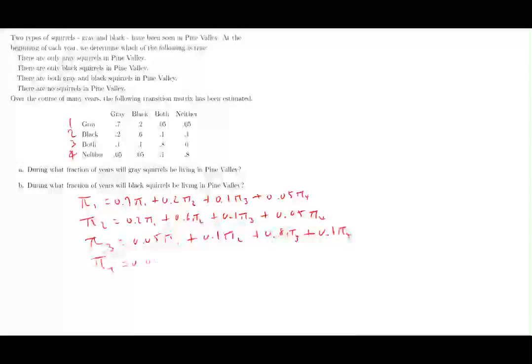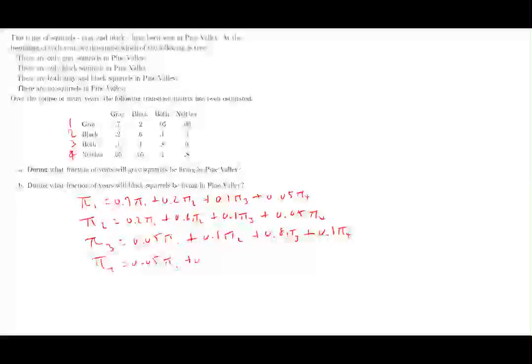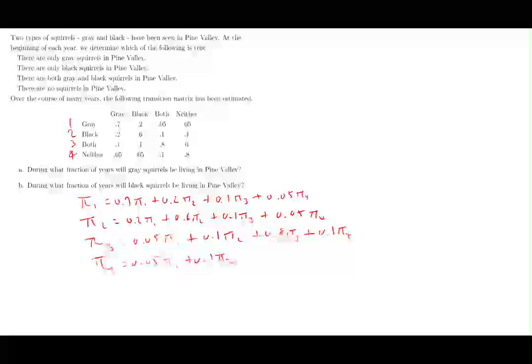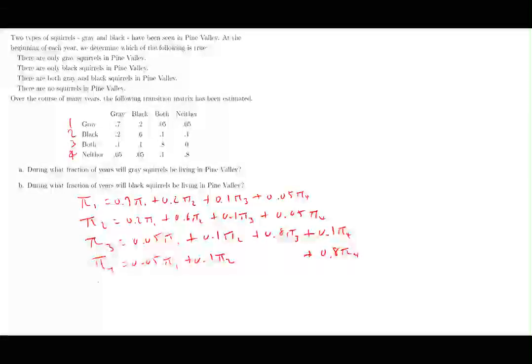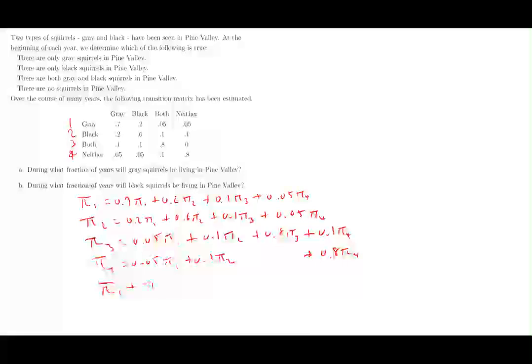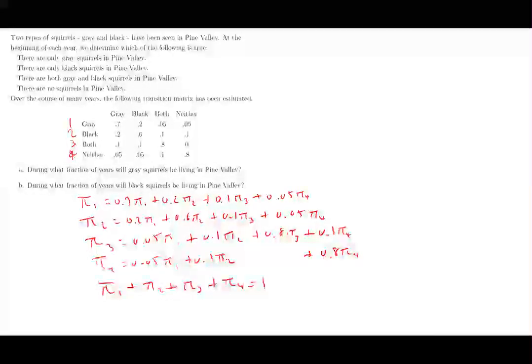Pi4 is 0.05 pi1 plus 0.1 pi2. Let's write pi4 over here so you can see how it all lines up. And the last equation, pi1 plus pi2 plus pi3 plus pi4 equals 1.